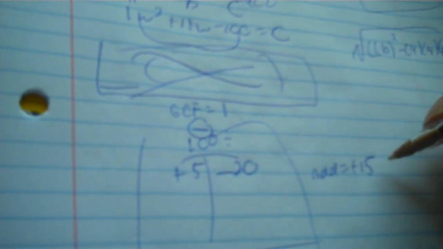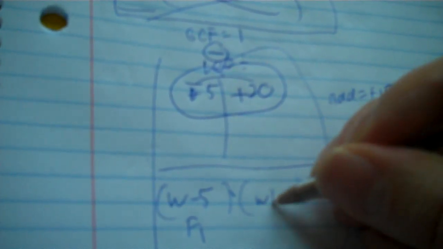Eventually, if you divide this by 5, you get 20. That adds up to negative 15, so if I go plus, minus, I got it, okay? Your A is 1, so you get to get rid of the 1, and it would be just W minus 5 times W plus 20.